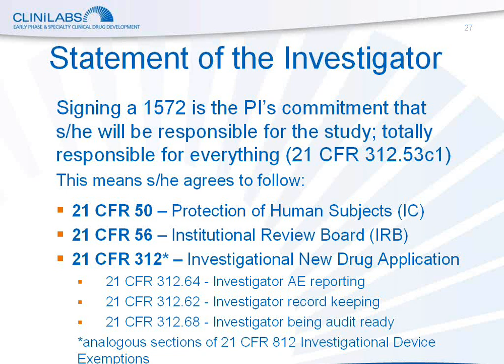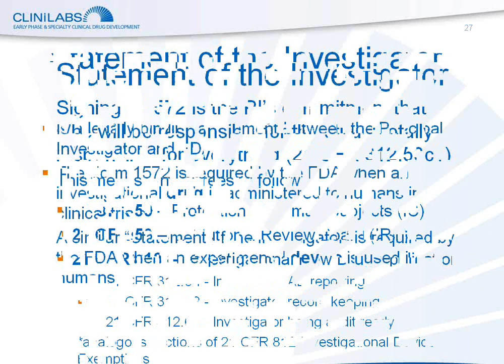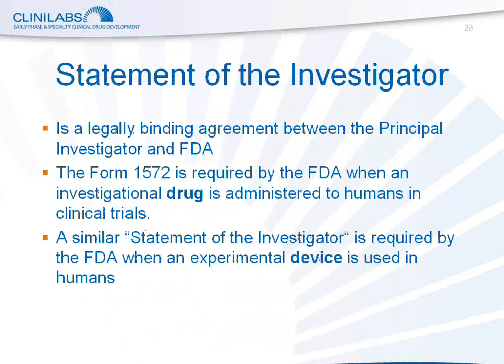And I just point out that there's an analogous, not a 1572, but an analogous statement of the investigator for medical devices, which is governed under 21 CFR 812. So what does this statement mean? It is a legally binding agreement between the PI and the FDA.